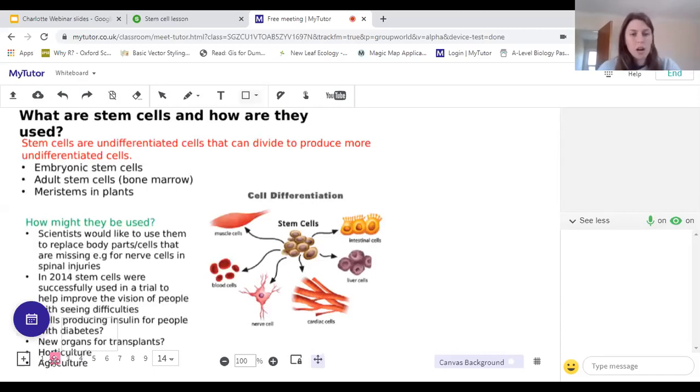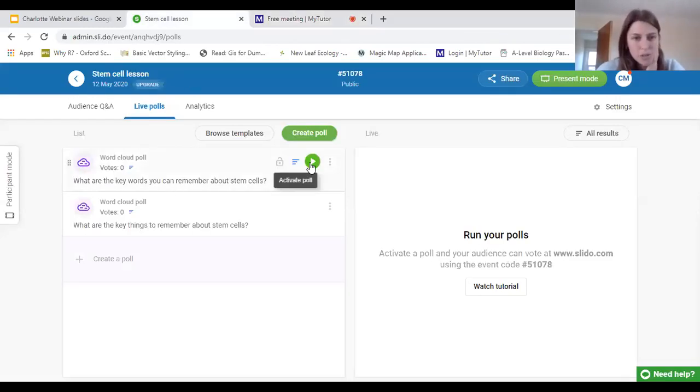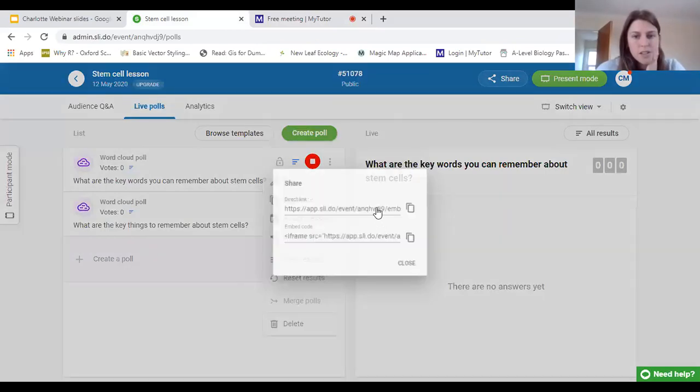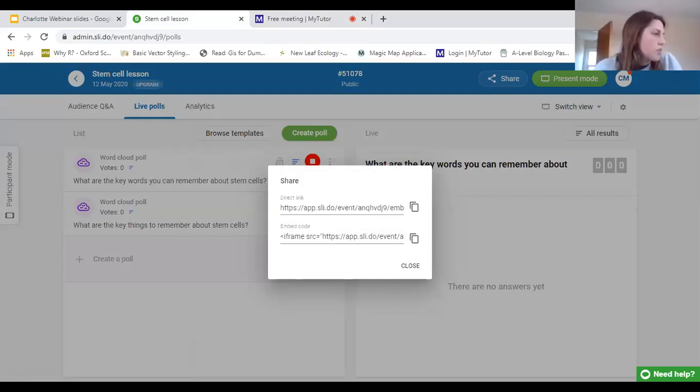In fact, before we start, I wanted to do one of the Slido word clouds. So I'm going to put a link in the chat box. Okay, so in the chat box there is a link to a question.